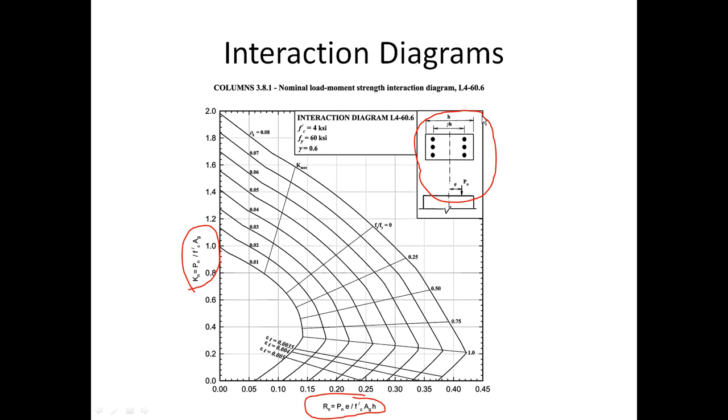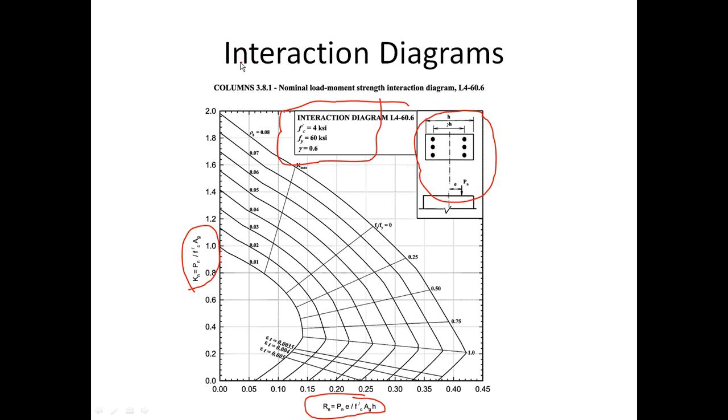Instead, they're going to show an interaction diagram, in this case with 2 layers of steel and a depth of h. You'll also notice that every interaction diagram is set up for a particular f'c, in this case 4 ksi, and a particular type of steel, 60 ksi.